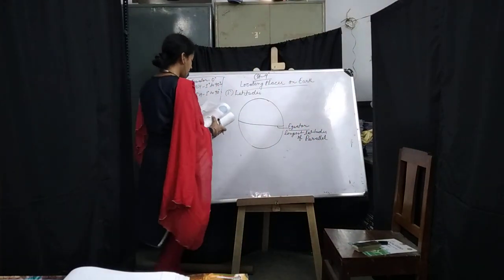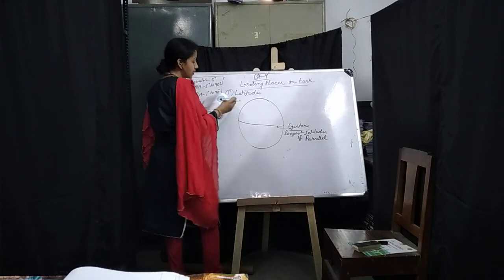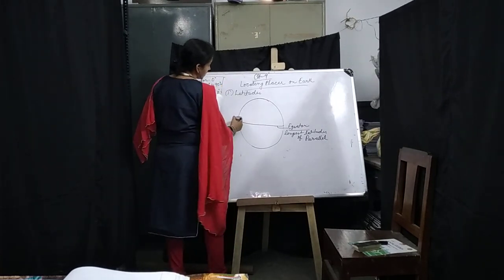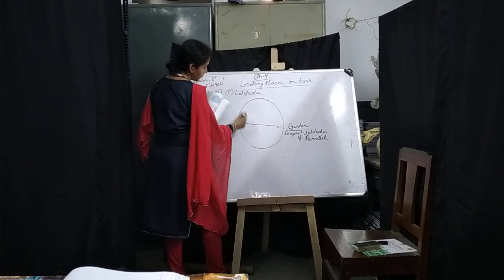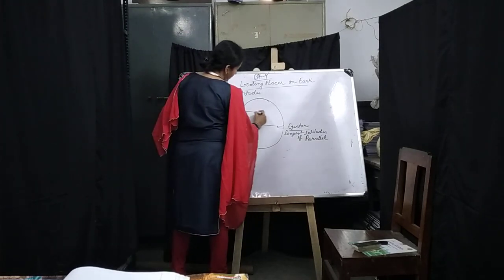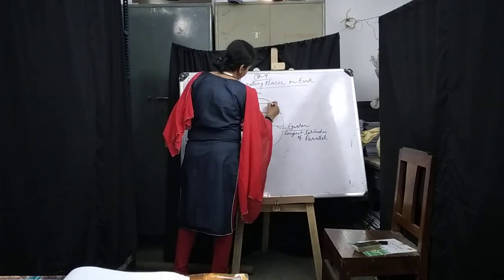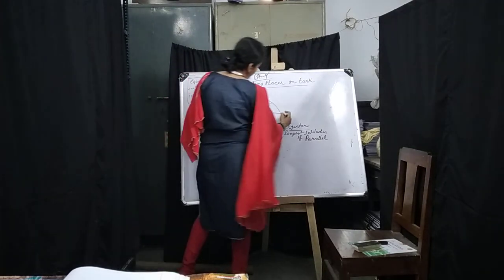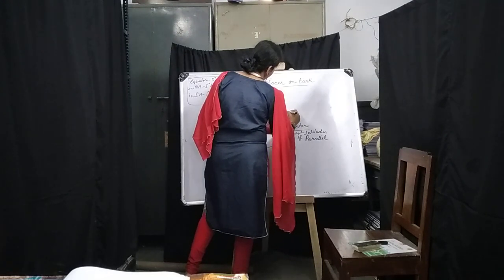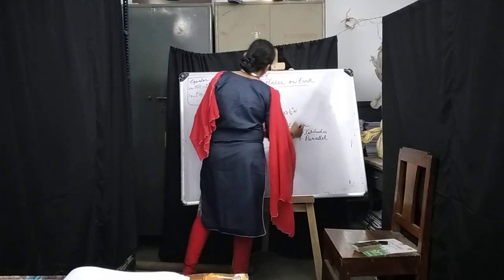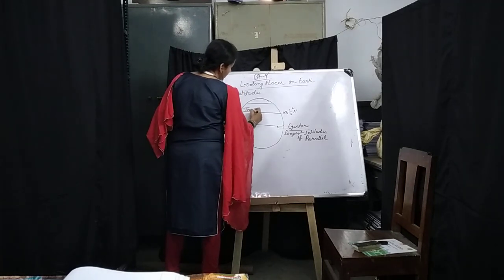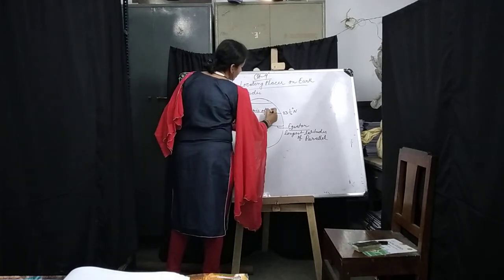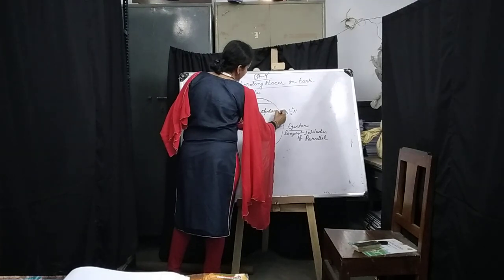Some important latitudes: above the equator, towards the north, at 23.5 degrees north, it is called the Tropic of Cancer.